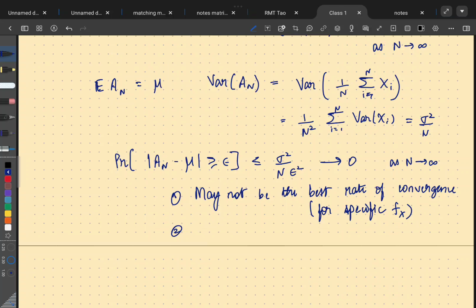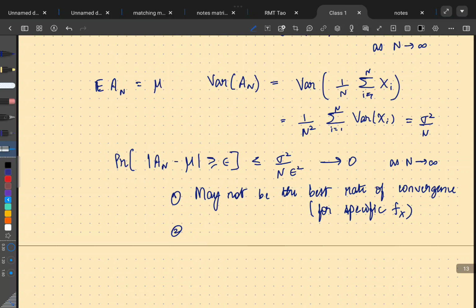The second point is regarding the weak law of large numbers itself. In fact, the weak law of large numbers holds even if the variance is not finite. So in that sense, I agree. What we proved over here is exactly the weak law of large numbers, but assuming that the variance is finite.